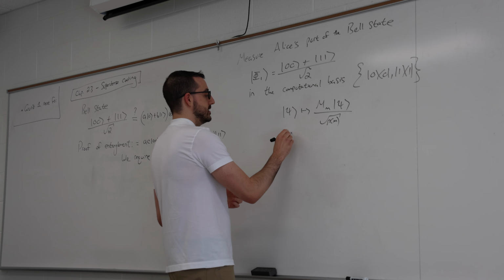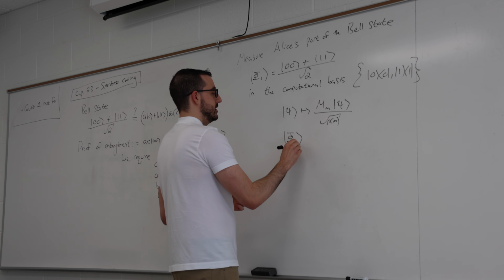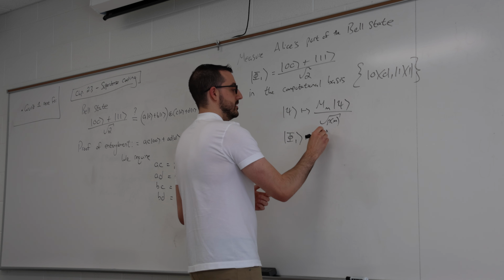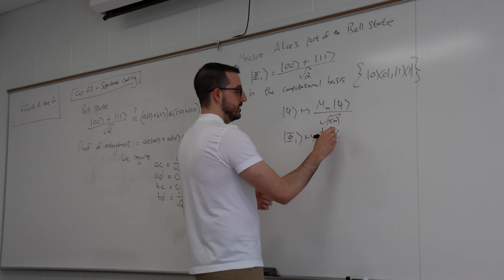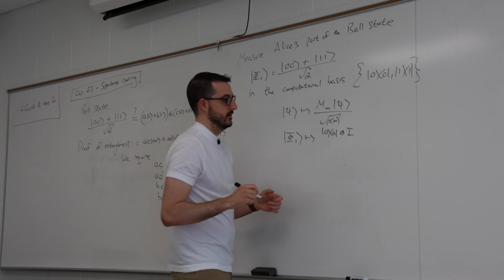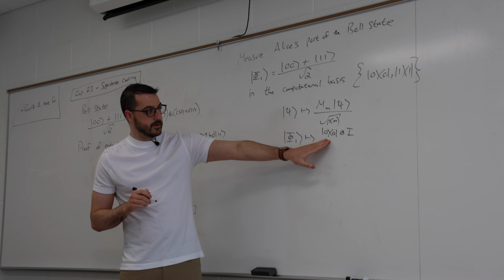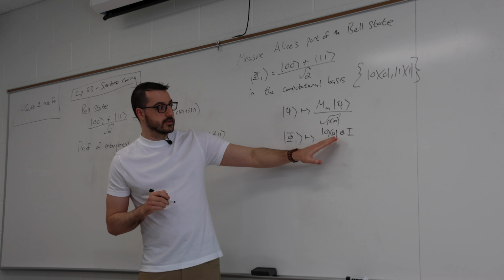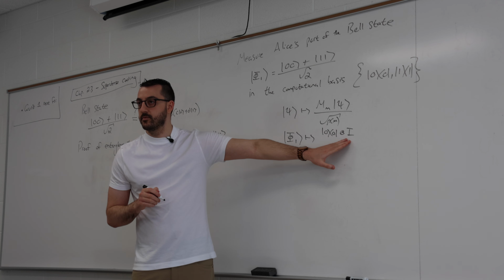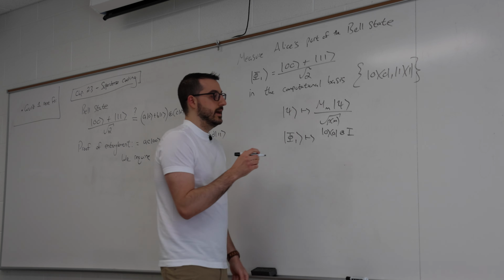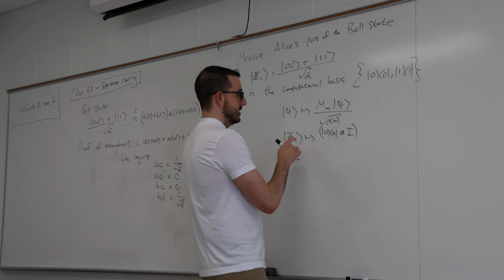So using the third postulate, phi 1 is going to get mapped to |0><0| tensor identity. Remember, this is the measurement operator. And then we have 2 qubits, so nothing's happening to the second one, so I tensor that with identity. That's going to act on the state phi 1.